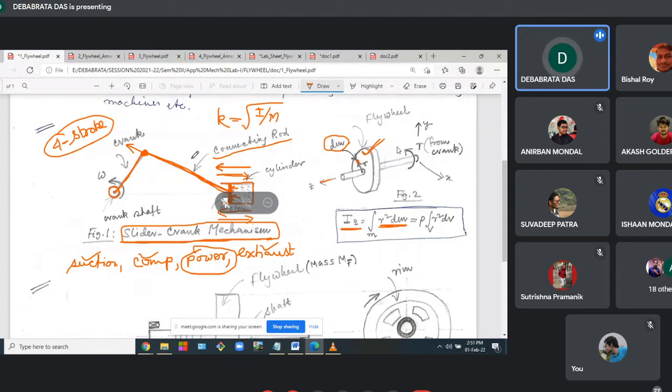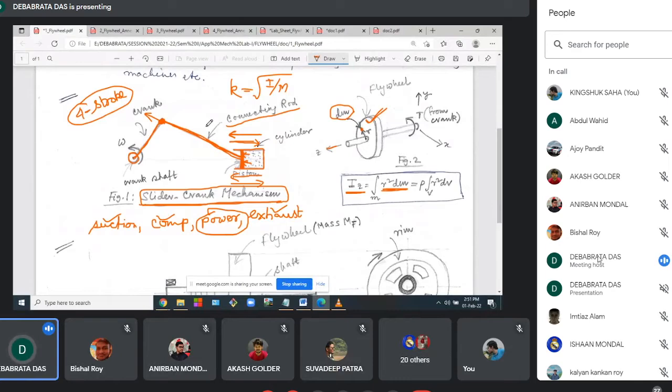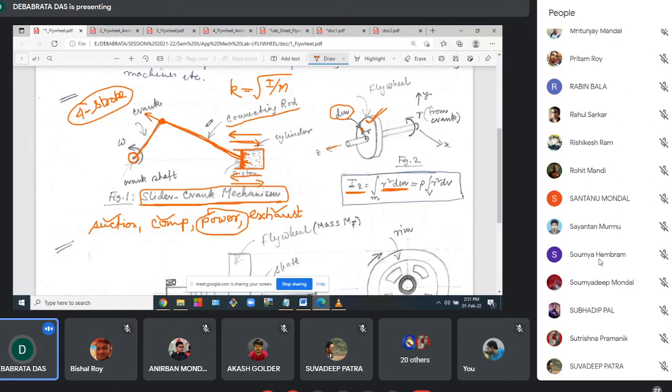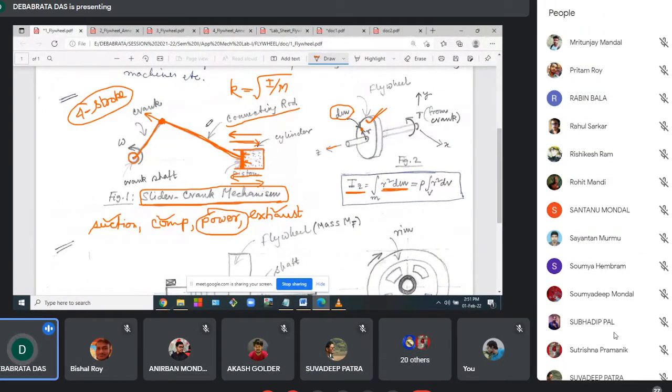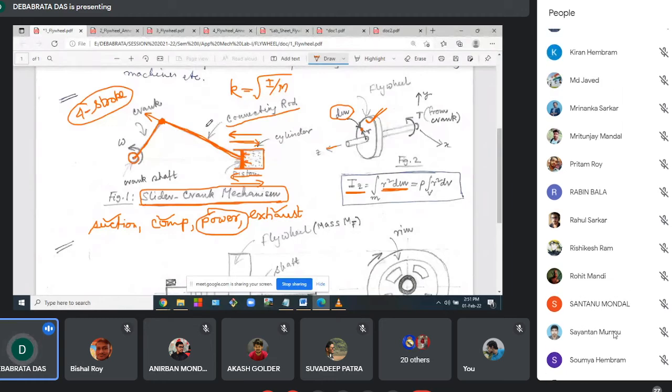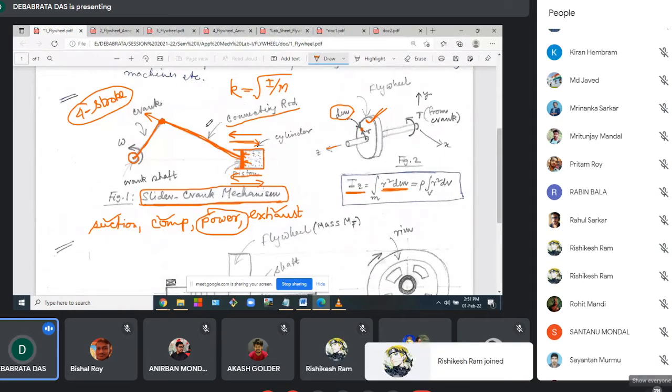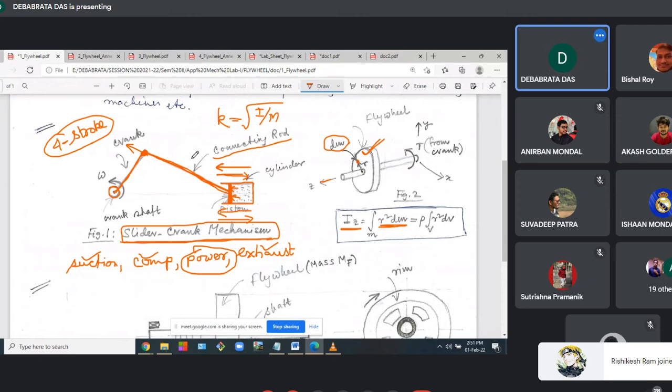Minanko Sarkar, today I think he is present. Last class he did not attend, so he has already lost 16 marks. Rishikesh Ram and Mrityunjoy Mondal were also absent. Mrityunjoy Mondal, some vaccination was there, but that cannot be any excuse. You could have attended the class. Rishikesh Ram, you were in the train and wrote in the WhatsApp chat, but that cannot be any excuse.